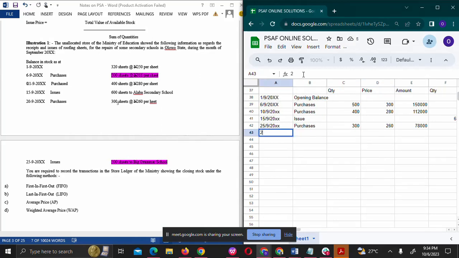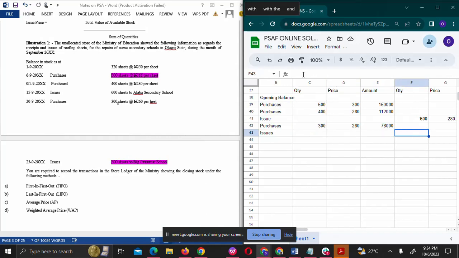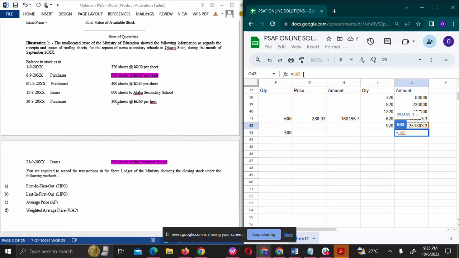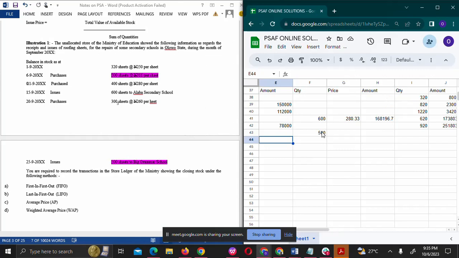And then you have on the 25th 9, 20xx, we have issues, and the issues are 500 units. For 500 units, the amount will be your usual total amount.